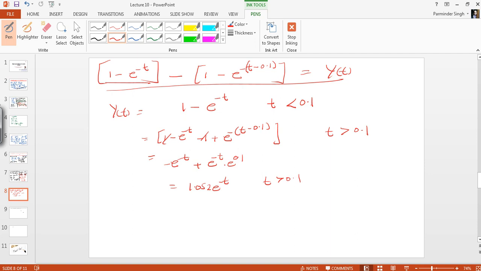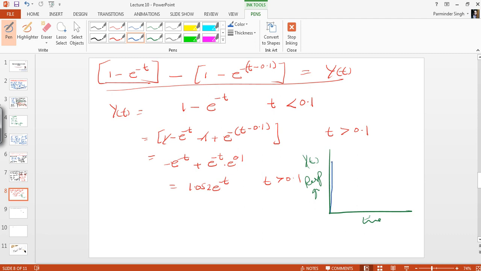Now let's try to plot this. We have time, and we have the response, that is y(t). Initially when time is less than 0.1, it is following this curve, that means it is increasing.